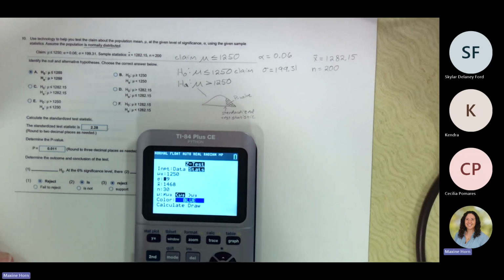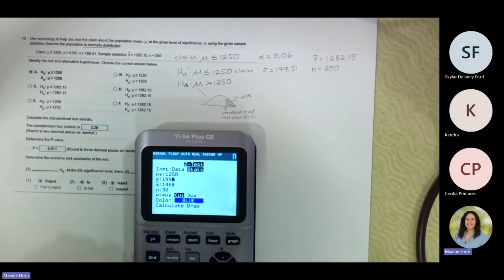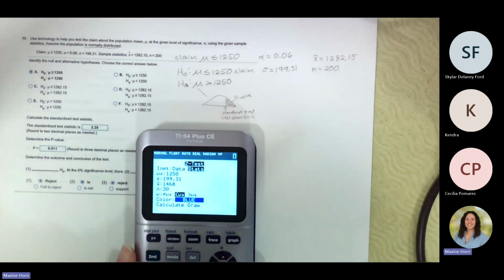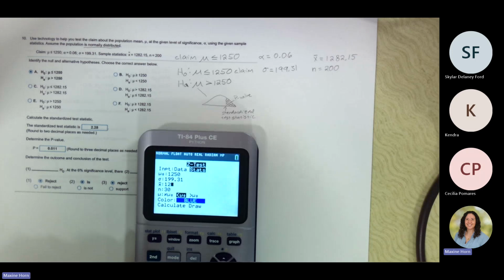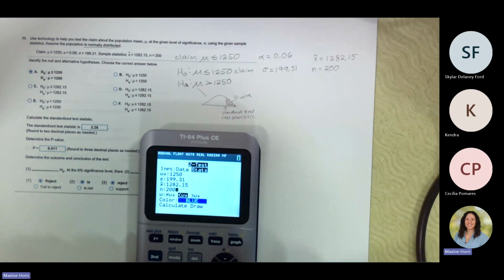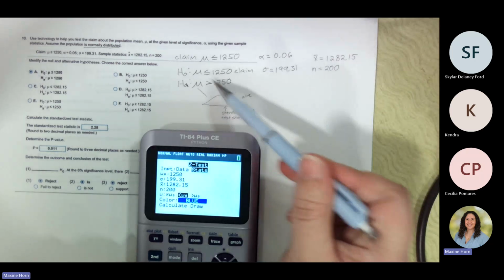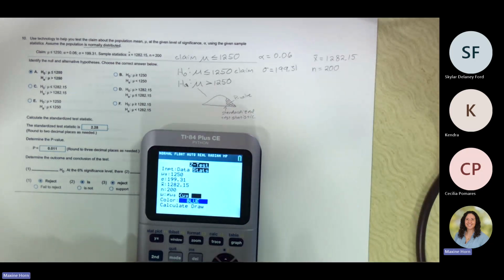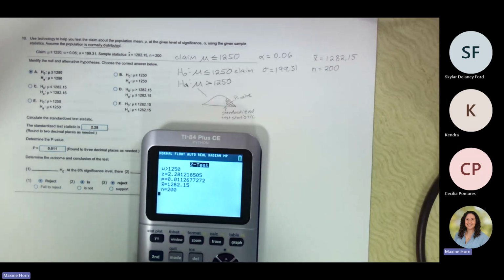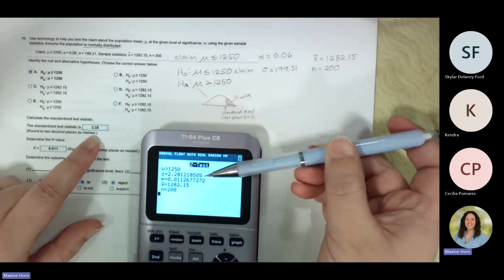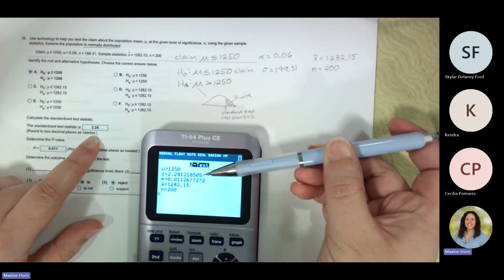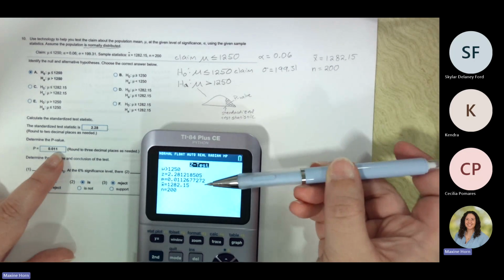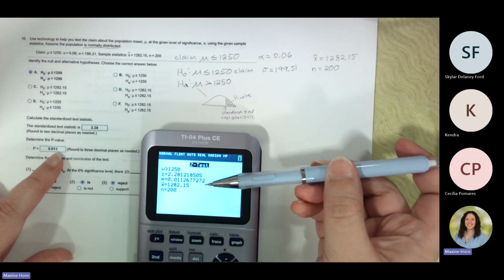Our population standard deviation, 199.31. Our sample mean, 1282.15. Our sample size, n. And this is greater than; this is a right-tailed test. And calculate. So we have our standardized test statistic, which is our z, and our p-value is the p, again rounded to 3 decimal places.